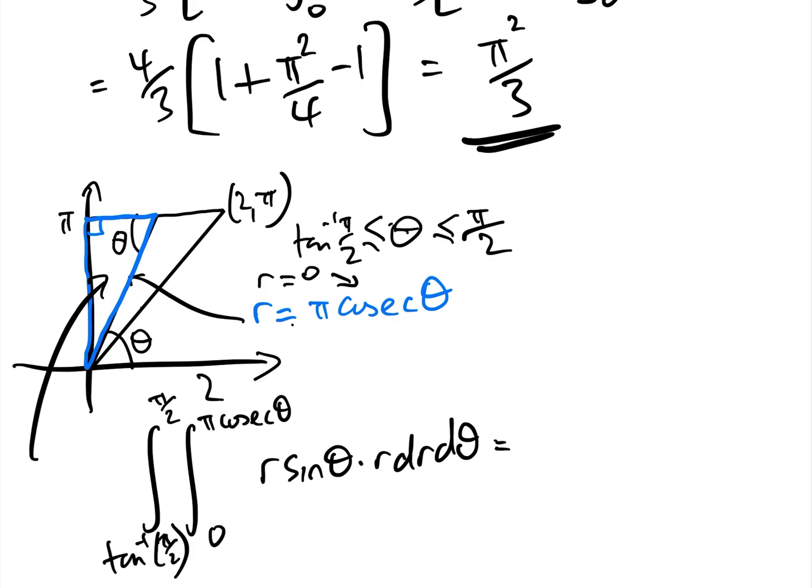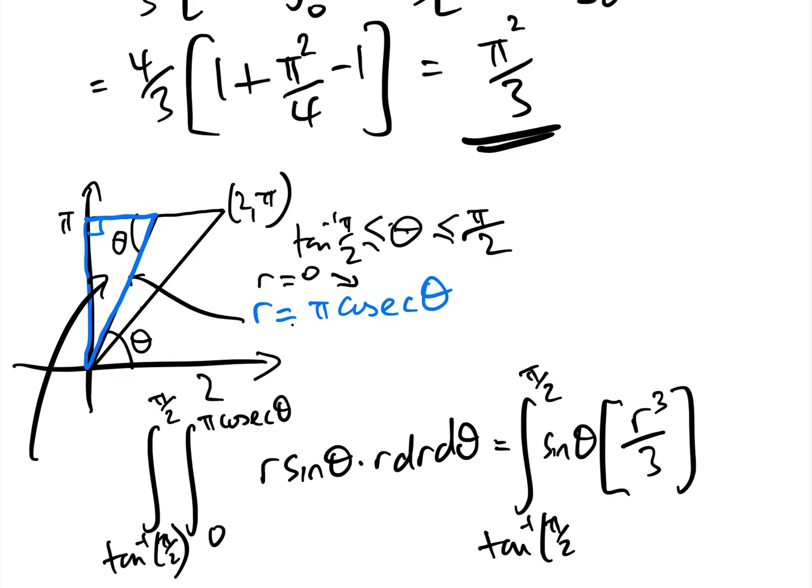And we can do the r integral first, so that equals the integral between pi over 2 and tan to the minus 1 of pi over 2 of sine theta times r cubed over 3 d theta between pi cosec theta and 0.